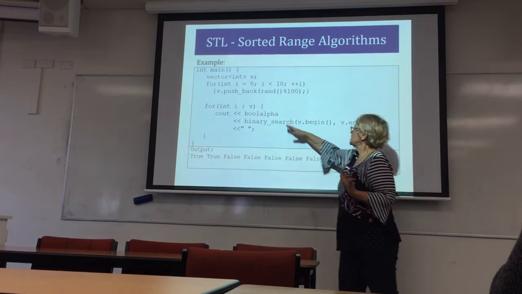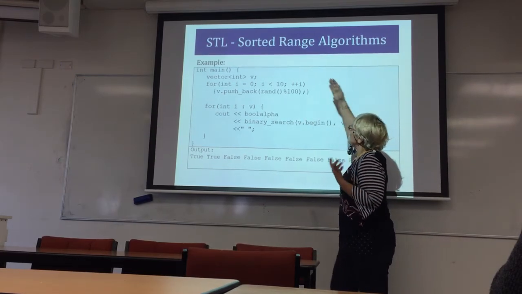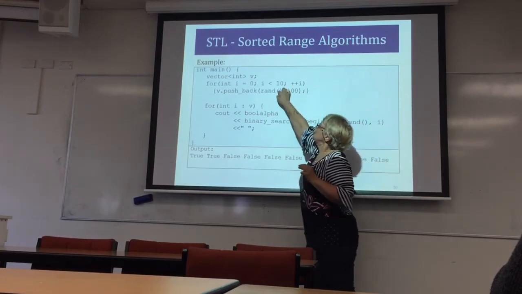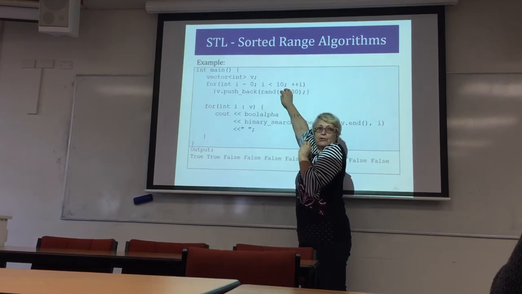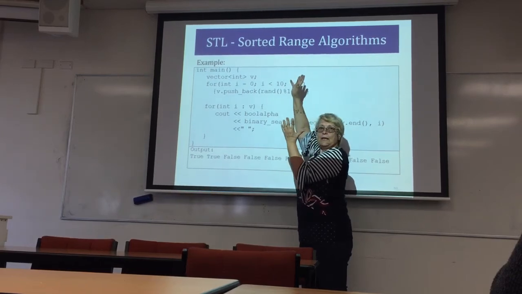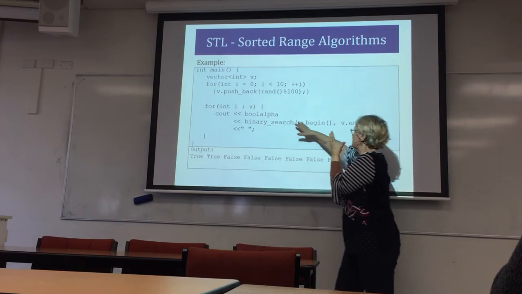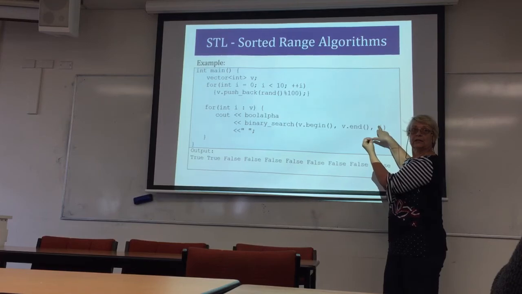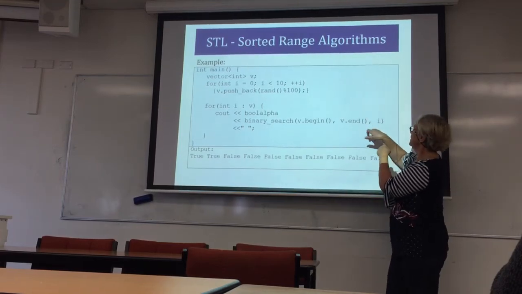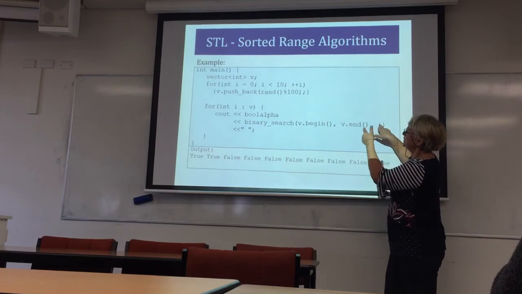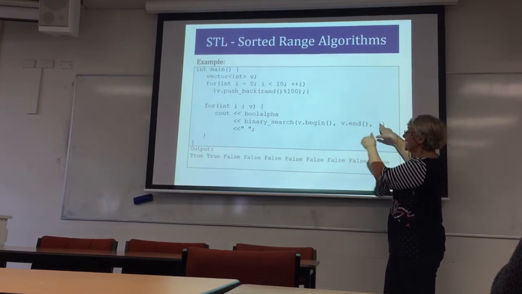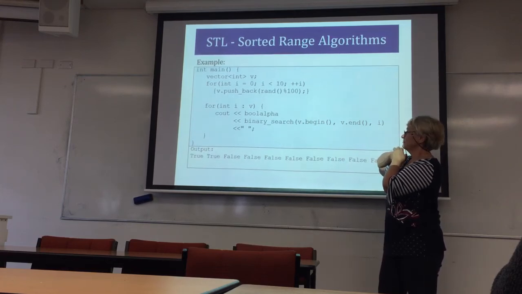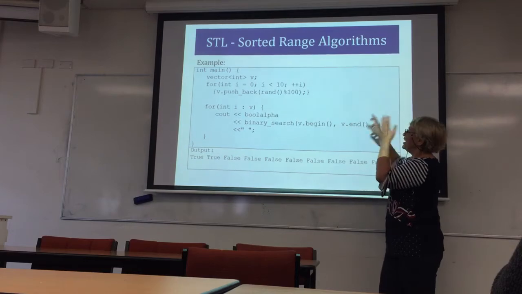Because it's something like this, v begin, v end, so we start at 0 location, and whatever element was stored there, it's a random value, it's the first element in the vector. And we ask the binary search to find that first element. Okay? And then with the next approach, we ask the binary search to tell us whether the second element is there, and whether the third element in the range is there.